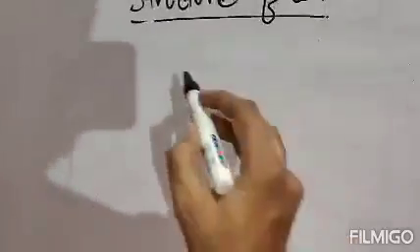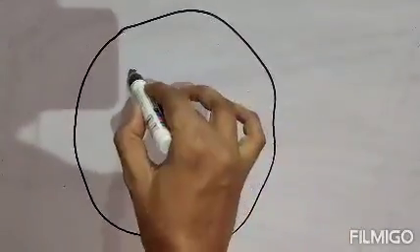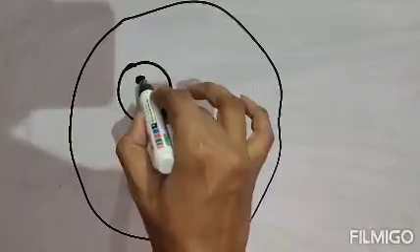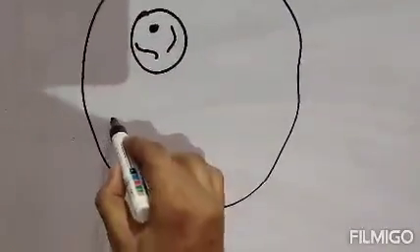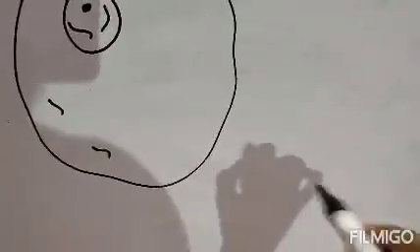So how does an animal cell look? An animal cell looks like this. This is the nucleus part. Very small granules are present here and there.